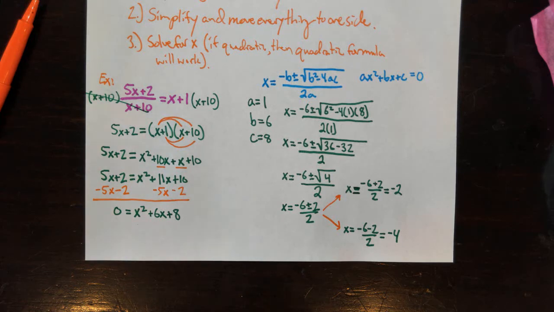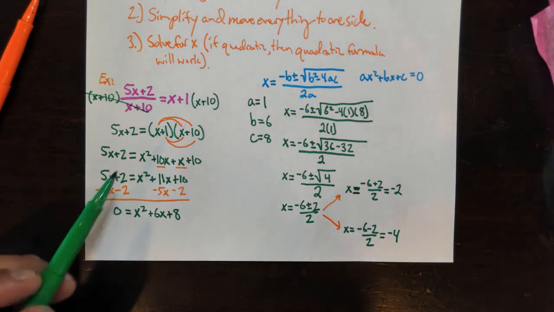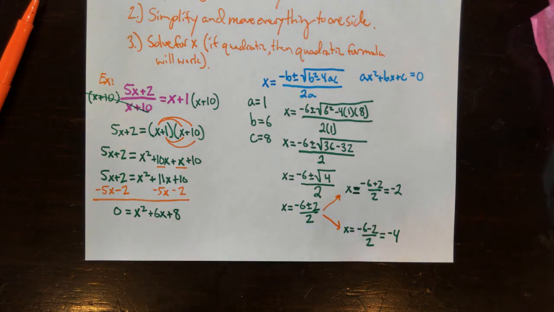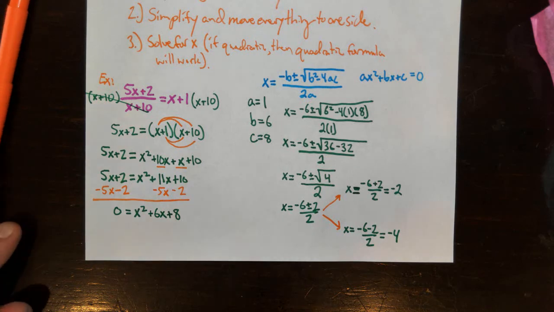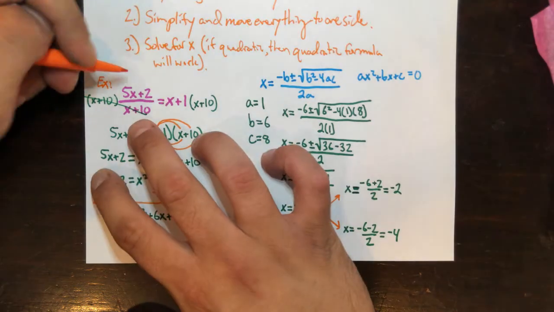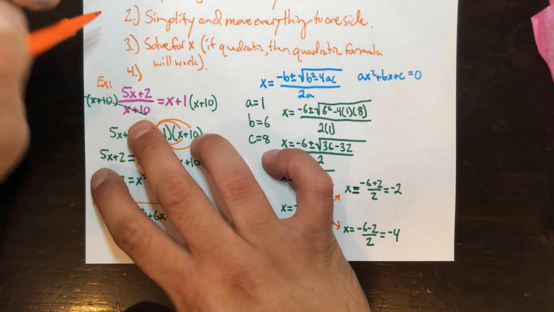a phenomenon that happens when we work with rational functions, and that is sometimes we'll have what is called an extraneous solution. An extraneous solution is where, yes, we solve for it and we get these two answers, but maybe one of them, our extraneous solution, doesn't make the equation true. So what we want to do, in fact, we should make this step 4, is check for extraneous solutions.